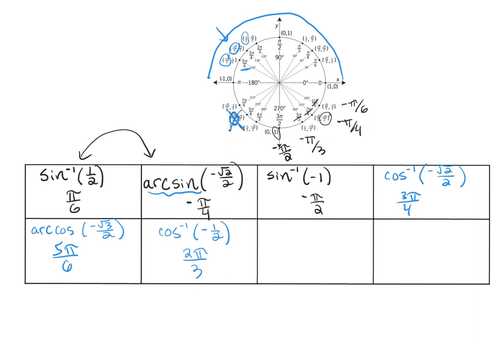Okay, let's do a couple tangent ones. So tangent, inverse tan of negative 1. Okay, so let's see, tangent, we only want to do these two quadrants here. And it would be positive up here, and it's going to be negative down here.